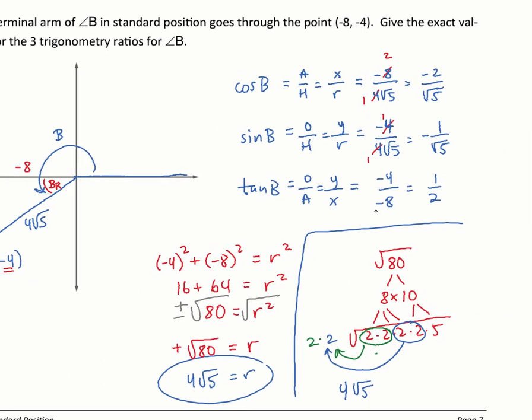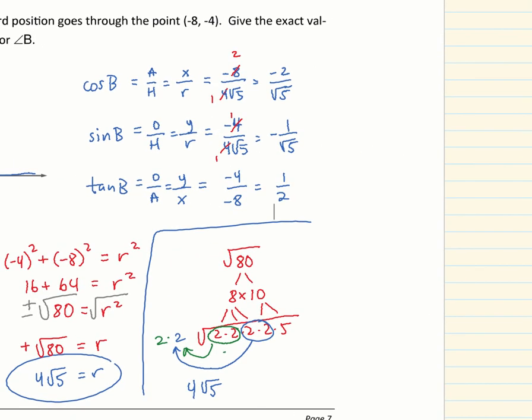And one last thing that we can do is, if we did want to rationalize these, remember this fraction here, to rationalize the bottom, we need to multiply it by root 5. I'd be okay with just leaving it like that for now, but eventually we want to get to rationalizing the denominator, so that's negative 2 root 5 on top.